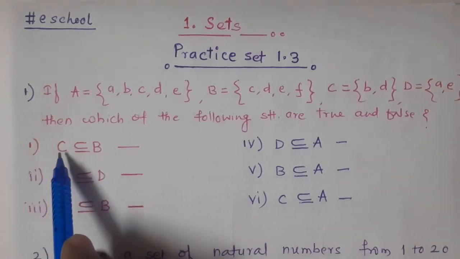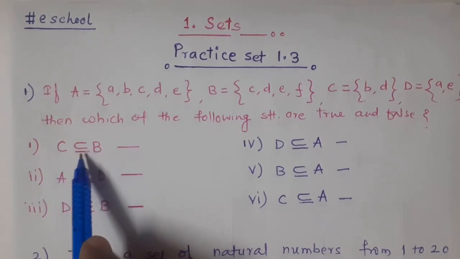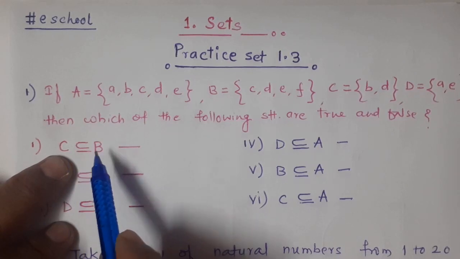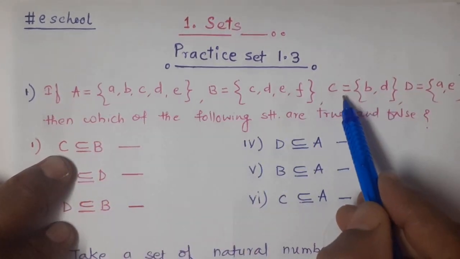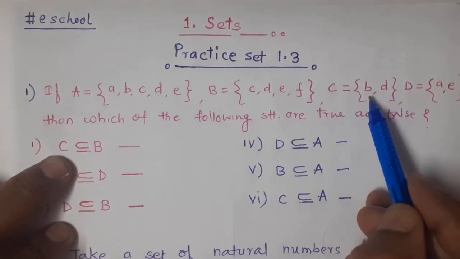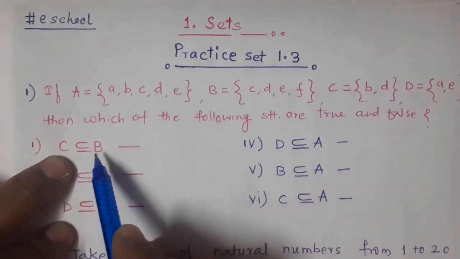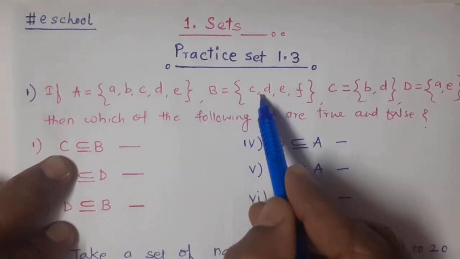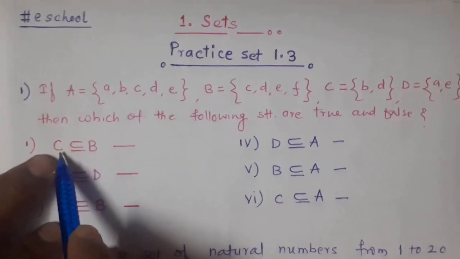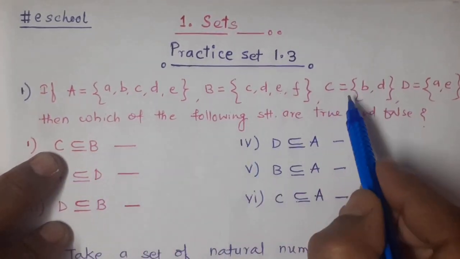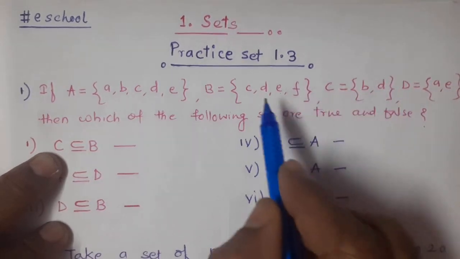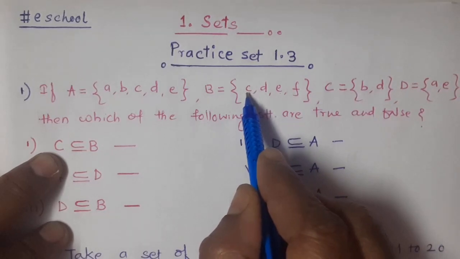First statement, C is a subset of B. So C comprises of which elements? That is B and D, and B comprises of C, D, E, F. When we can say that C is a subset of B, every element of C, that is B and D, should be present in the B set.